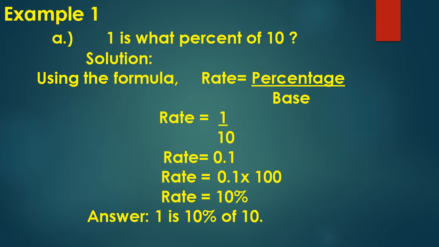So rate is equal to 1 divided by 10, which is 1/10. And 1/10 times 100 is equal to 10%. So the answer is 1 is 10% of 10.